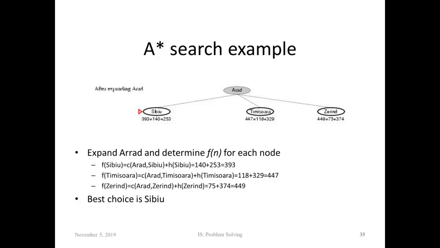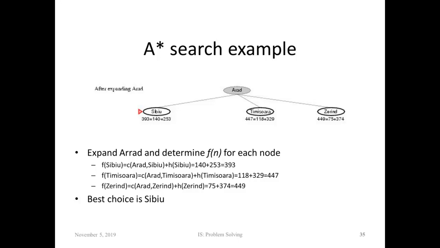The F value for Sibiu is the G value, so the distance we have traveled between Arad and Sibiu, plus the H value of Sibiu, and that gives us a total of 393. That's simply the way you calculate it: the distance between the two places, and that gives you the estimation. So this cost between Arad and Sibiu is the G value of your state.